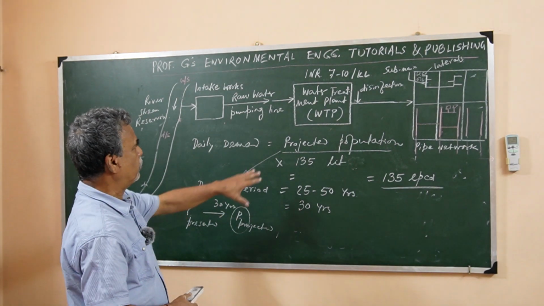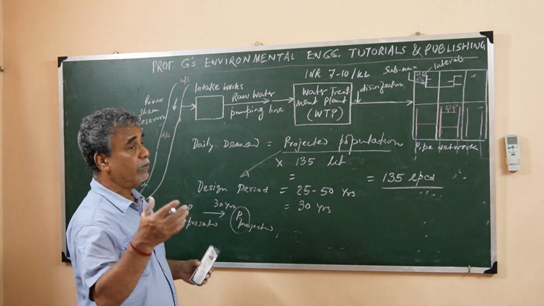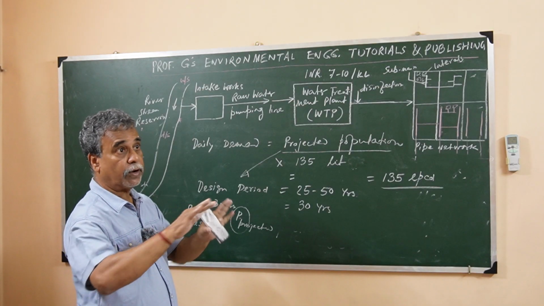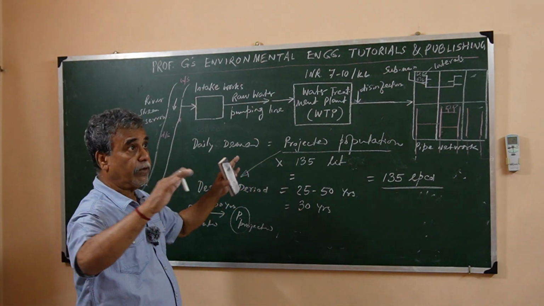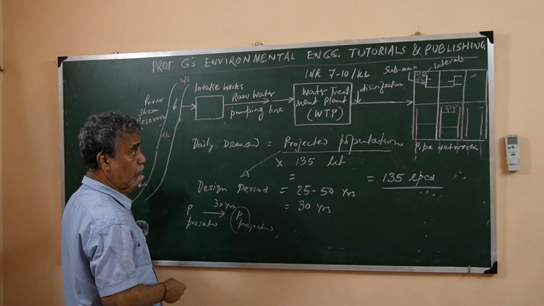So this is the projected population. Based on that we calculate the domestic demand, the demand for the population after 30 years or so, for which you are designing your water supply system.